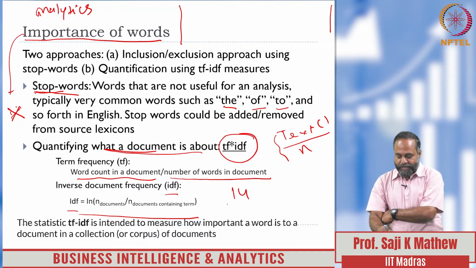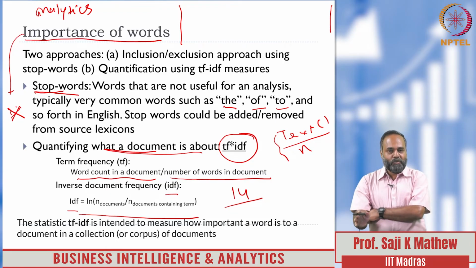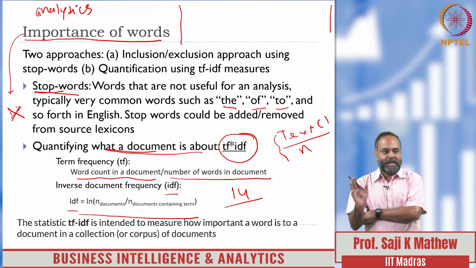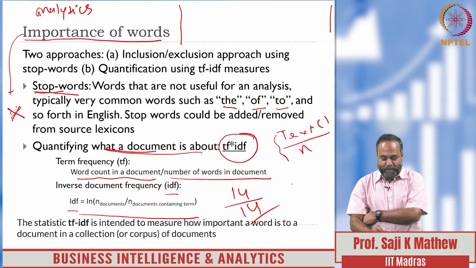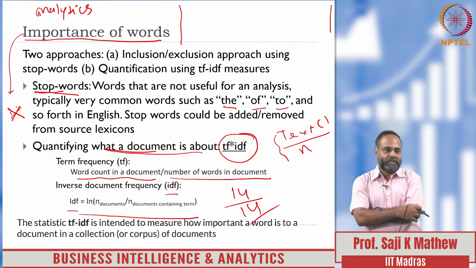This will be 14 divided by the number of documents containing the term. Since it is a course related to analytics, chances are that every PPT has analytics, so this may become even 14. It is very difficult to find a PPT without the word analytics.